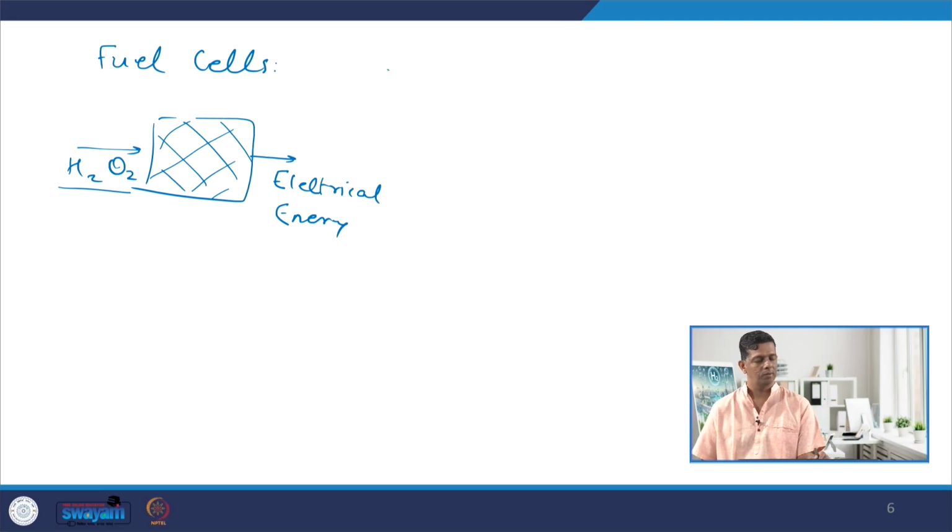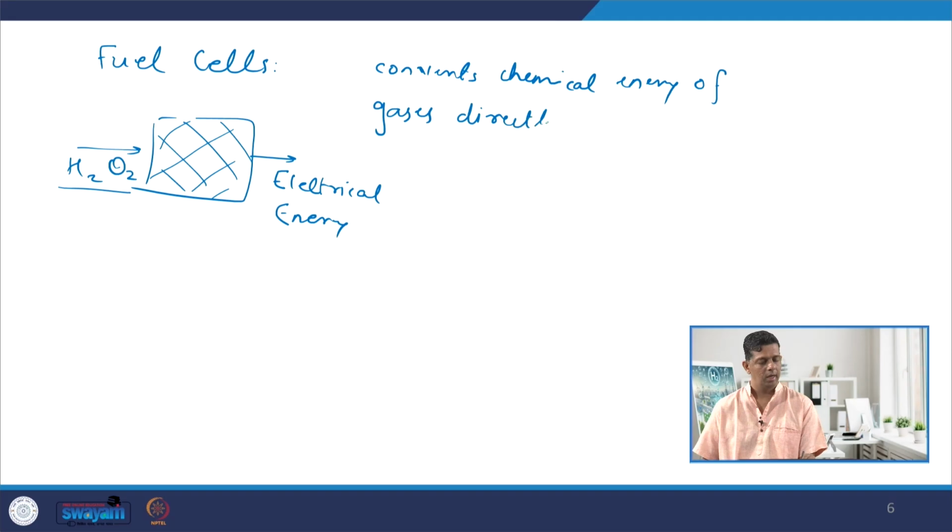So, fuel cells, as I said, convert the chemical energy of gases directly into electrical energy or electricity.